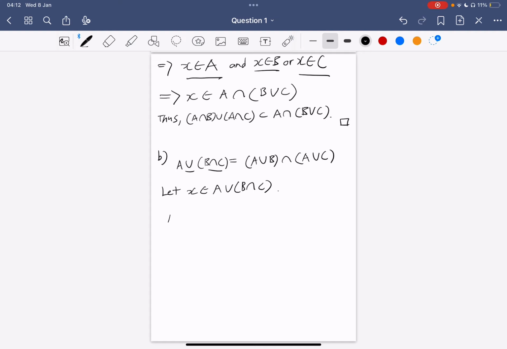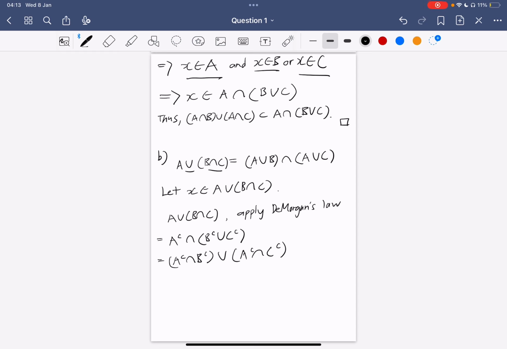And taking out the set, we apply De Morgan's law. We would get A complement intersect B complement union C complement. And applying the distributive law from part A, we get A complement intersect B complement union A complement intersect C complement.